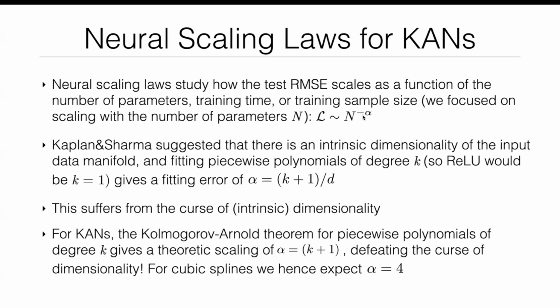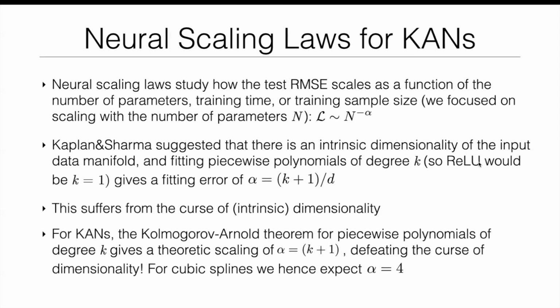This scaling parameter alpha will be proportional to 1 over this intrinsic dimension, and it will be proportional to k, where k is the degree of the piecewise polynomial that I'm fitting.